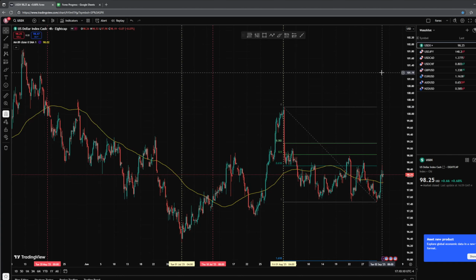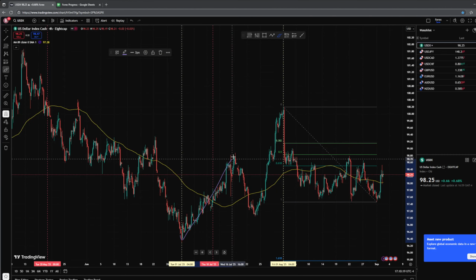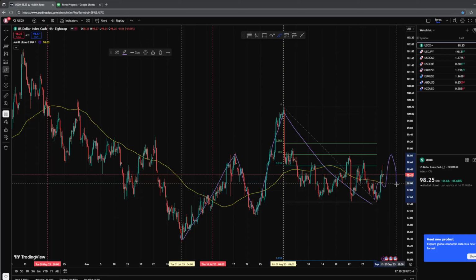So, as we know, we always start with the USD index chart. Here we have the original uptrend, up leg, retracement, up leg. Market currently is doing the retracement and soon it is expected to return into the original uptrend.